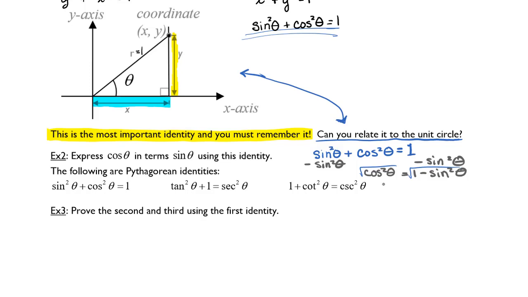And I get cosine theta is equal to plus or minus the square root of 1 minus sine squared theta. So as you can see, you can manipulate the original statement to look very, very different.